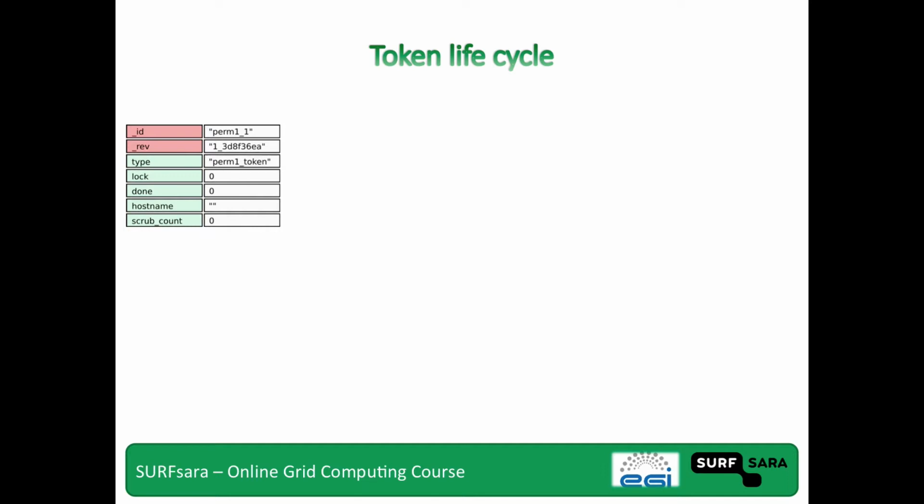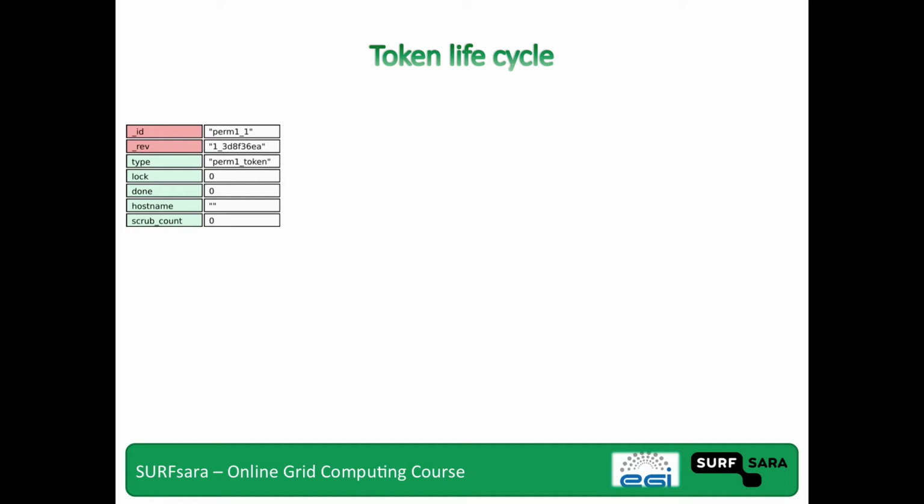And once you upload that token, or document in this case, to CouchDB, CouchDB itself will generate the revision number. The one at the front is the revision number itself, and then a random hash follows to circumvent the problem of collisions when you do multiple updates.